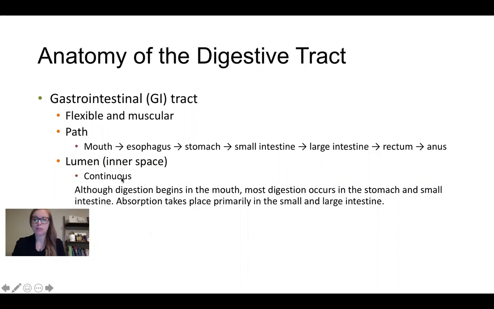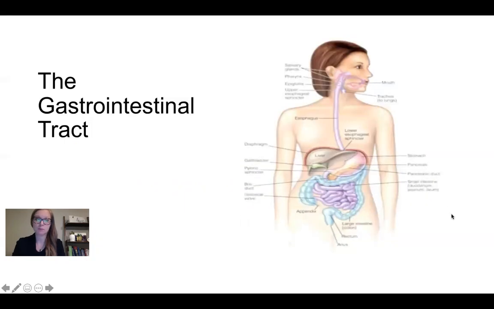Although digestion begins in the mouth, most digestion occurs in the stomach and small intestine. Important note to remember: absorption takes place primarily in the small and large intestine. So that gives you an idea. People think, oh, right when you digest, it takes time. It's breaking down for absorption, mostly in the small and large intestine. Okay, so be aware of that.